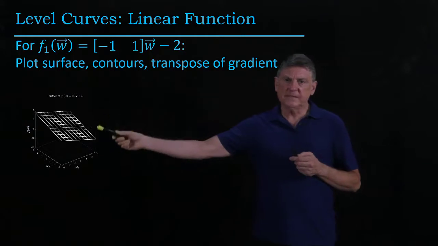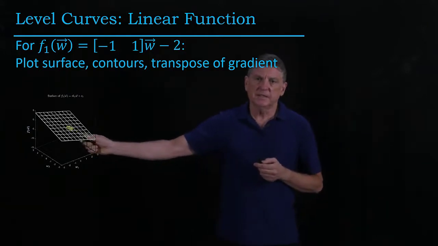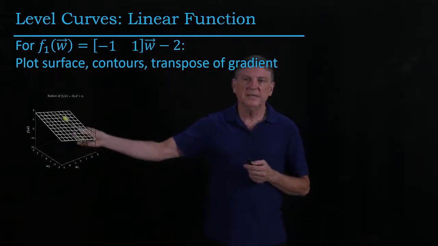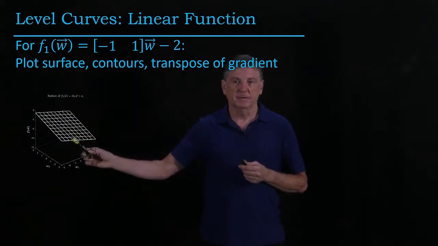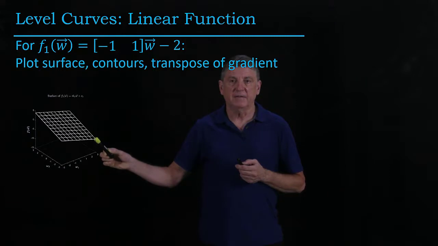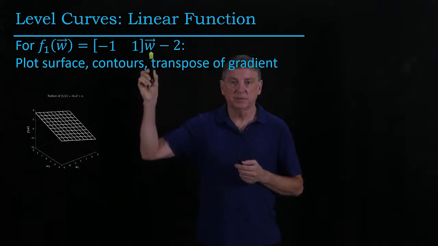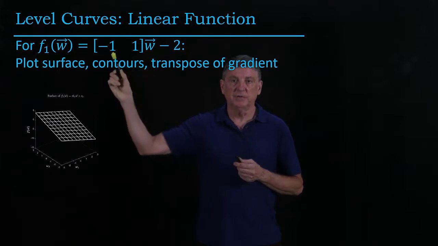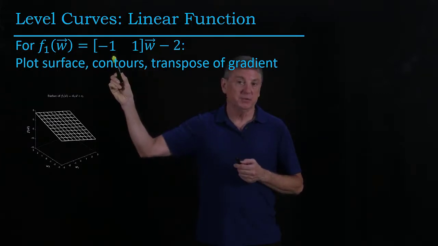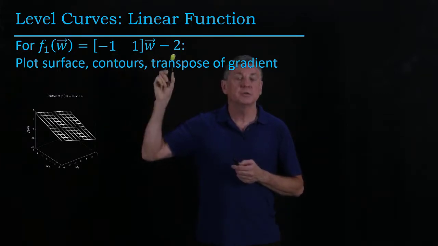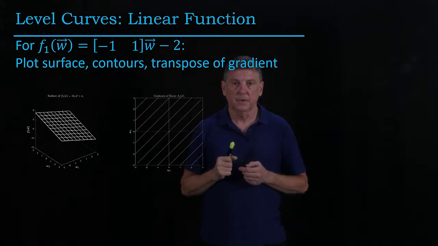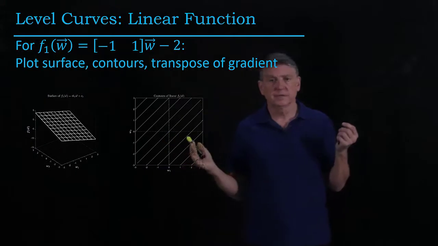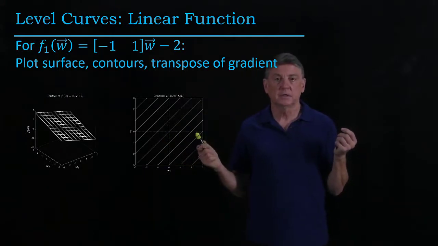This is the 3D plot of the values of F. The values of F will increase as we increase W2. They'll decrease as we increase W1. And there will be a constant offset of 2 in this plot. The contours of this will look like parallel lines.